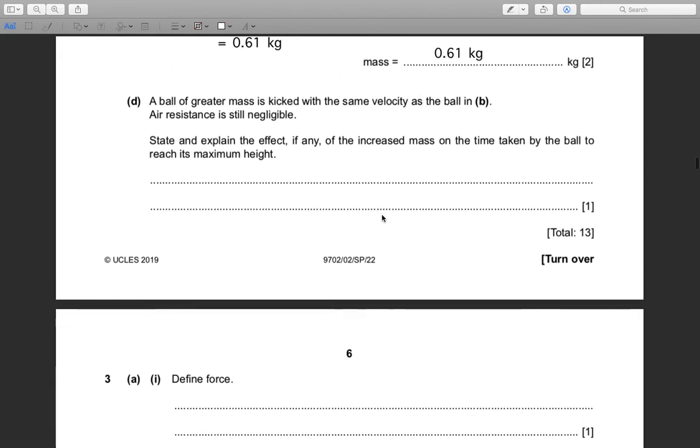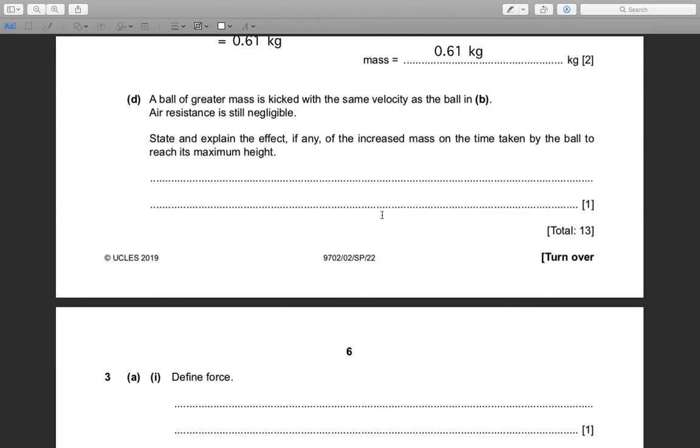The next question is D. A ball of greater mass is kicked with the same velocity as the ball in B. Air resistance is still negligible.